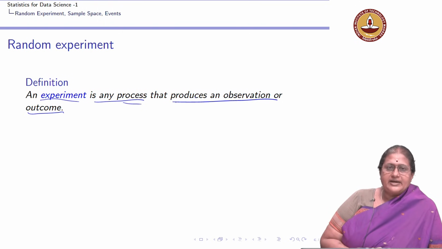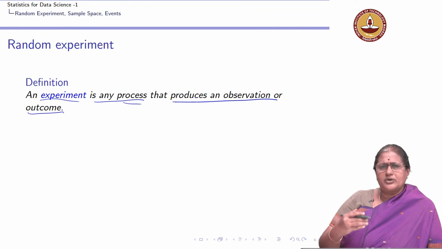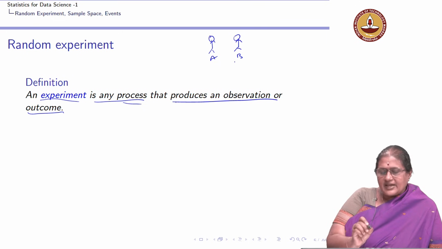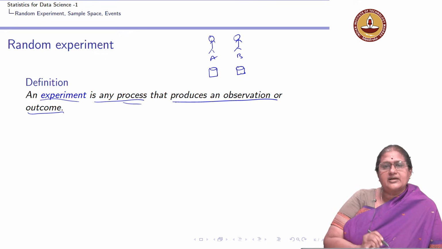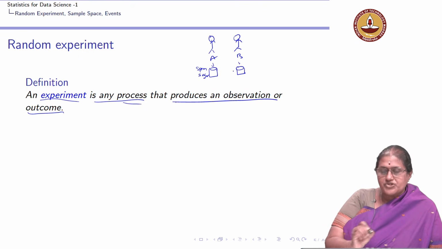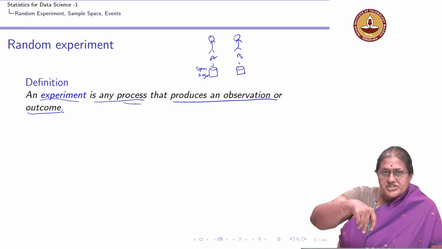Now, if I conduct an experiment in a completely controlled setup, for example, I am having 2 people, let me call them person A and person B, and I give each one of them an identical glass of water, same amount of water, and I ask them to add a spoon of sugar and stir it.